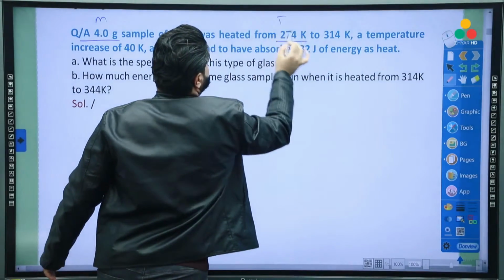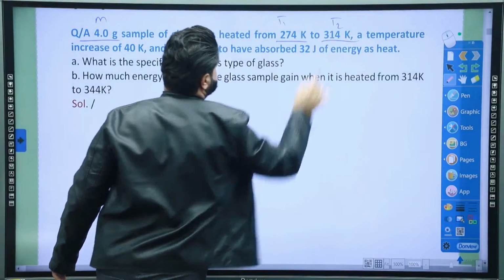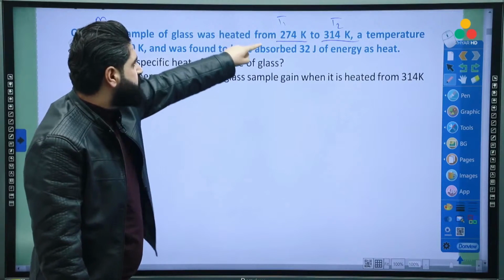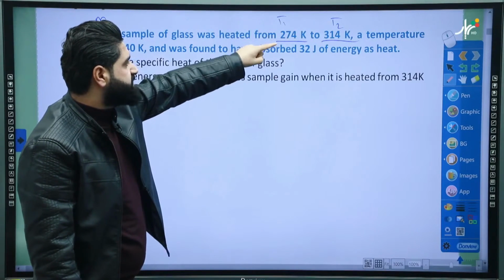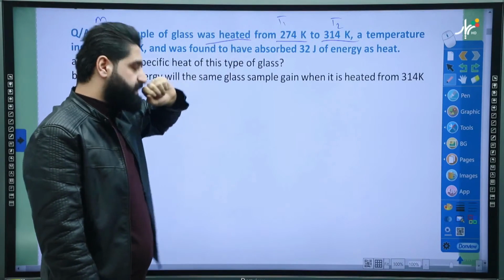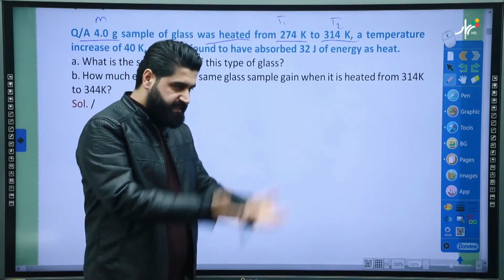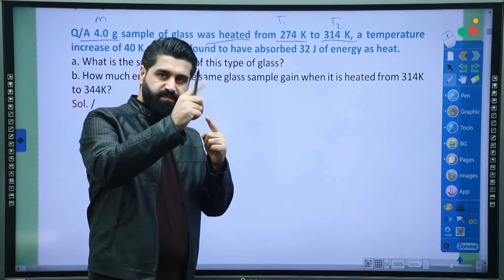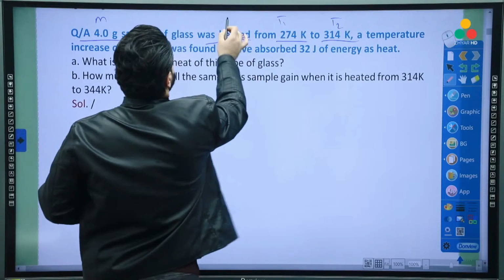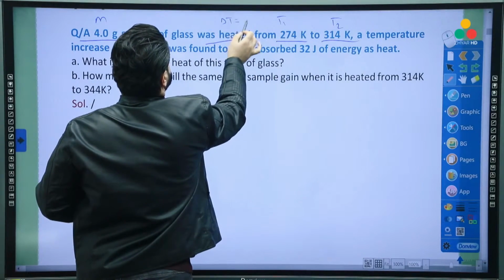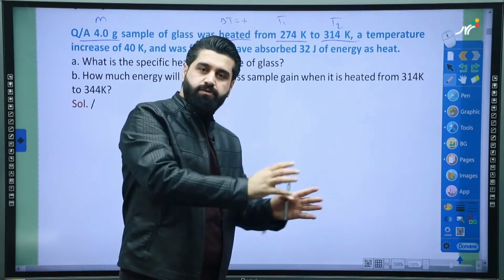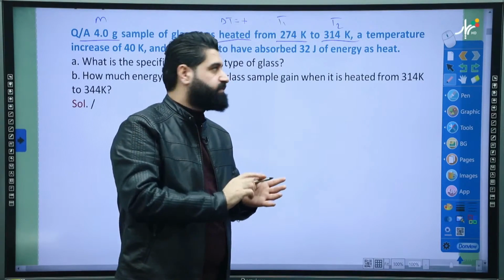Look, it's T1, it's T2. It's not a rule always that the first T will be T1 and the second T will be T2. You have to read. Heated means we are heating something, so T2 must be greater than T1. Delta T must be positive. So when we say heated, delta T is positive. But cooled, T1 is greater than T2, so delta T will be negative.